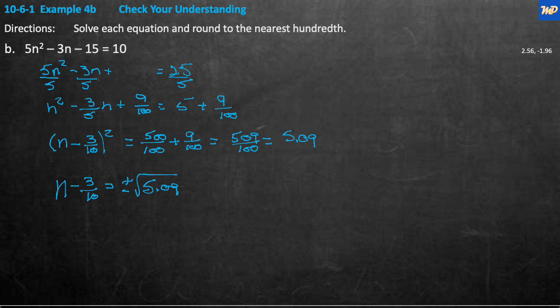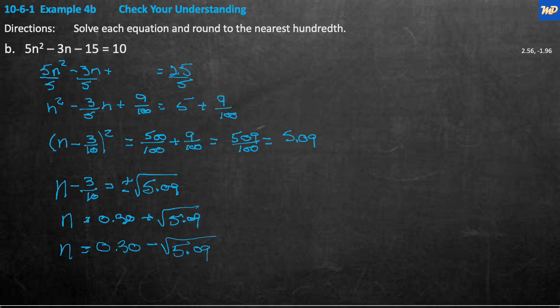And so the new equation is going to be n, I'm going to get rid of the 3/10 by adding 3/10, equals 0.30 plus the square root of 5.09, and n equals 0.30 minus the square root of 5.09.